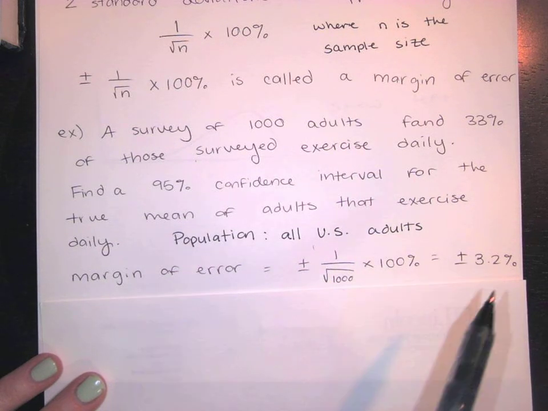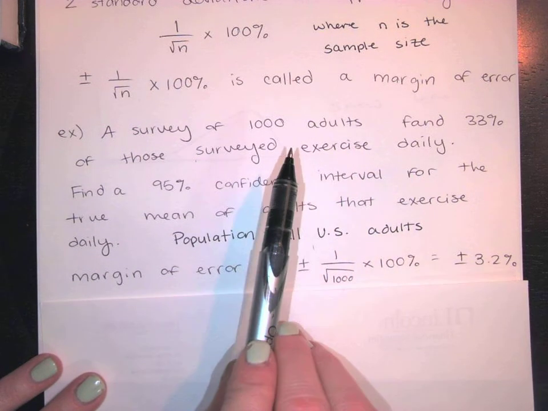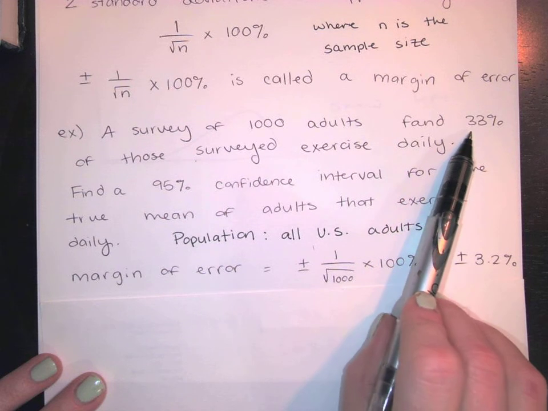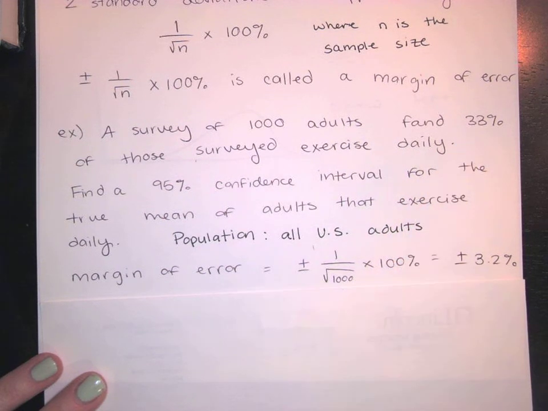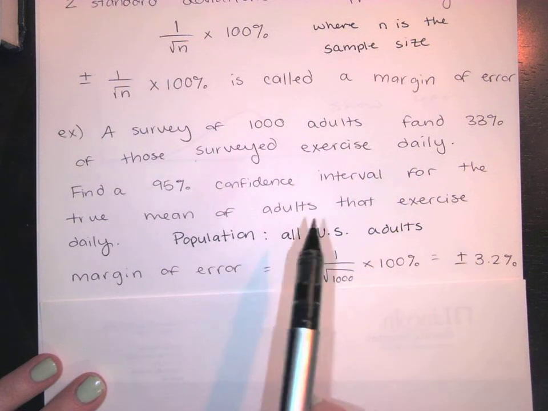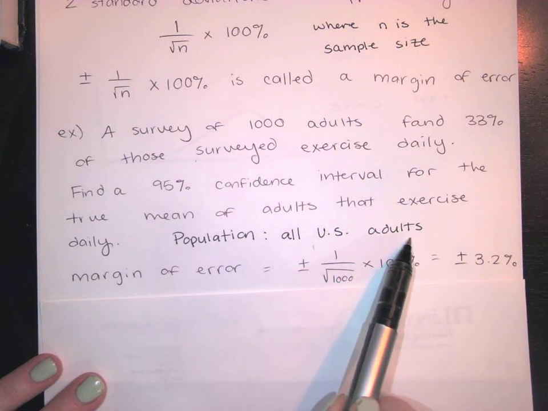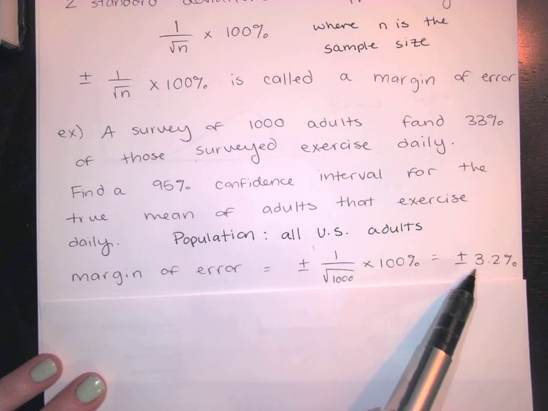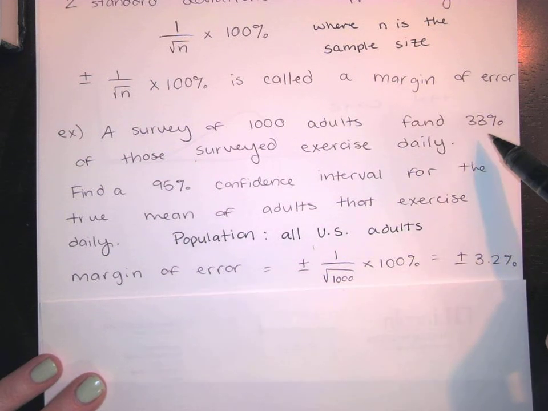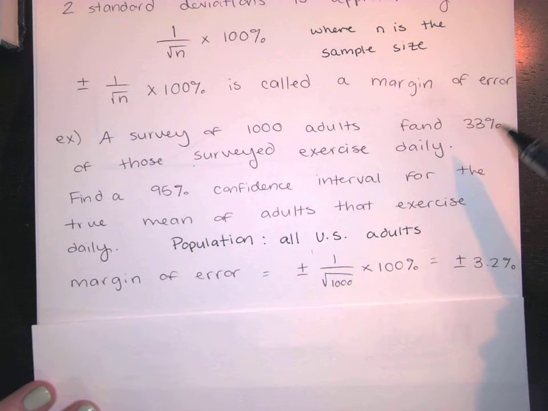So what this tells me is whatever value we found, which was 33%, there's a 95% probability that the actual number of U.S. adults that exercises every day is either 3.2% below or 3.2% above what I found in my sample, 33%.